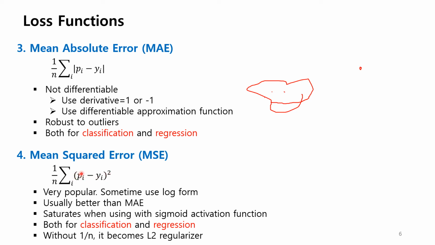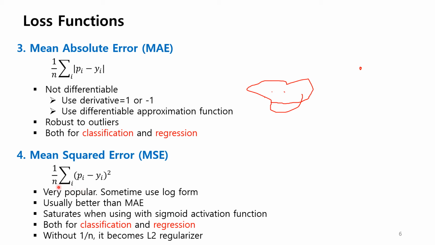So these values are less than 1, and you scale them, then this value is even smaller. So it makes the algorithm training very slow. So it is not a good idea to use MSE with sigmoid activation function. It makes the training slow or even saturates. Okay.